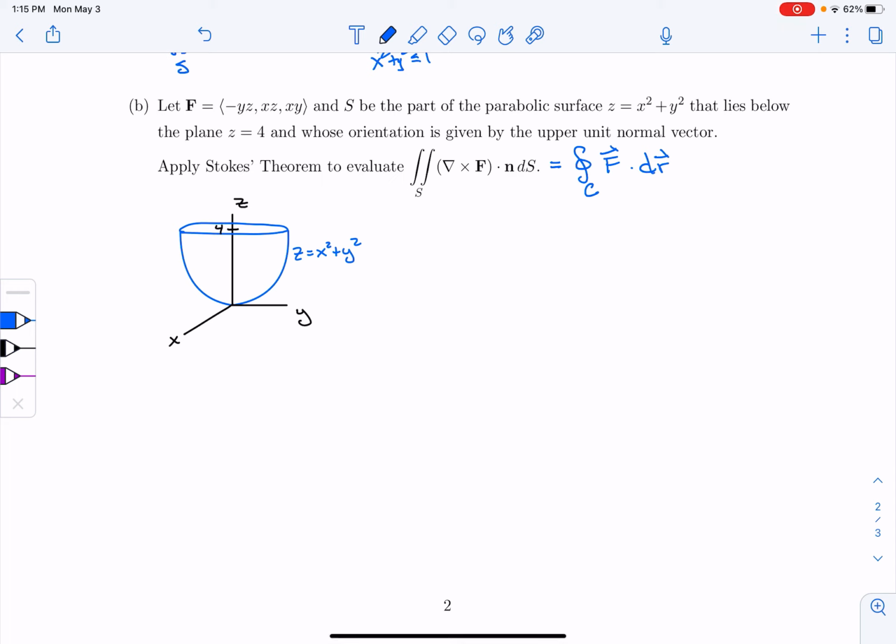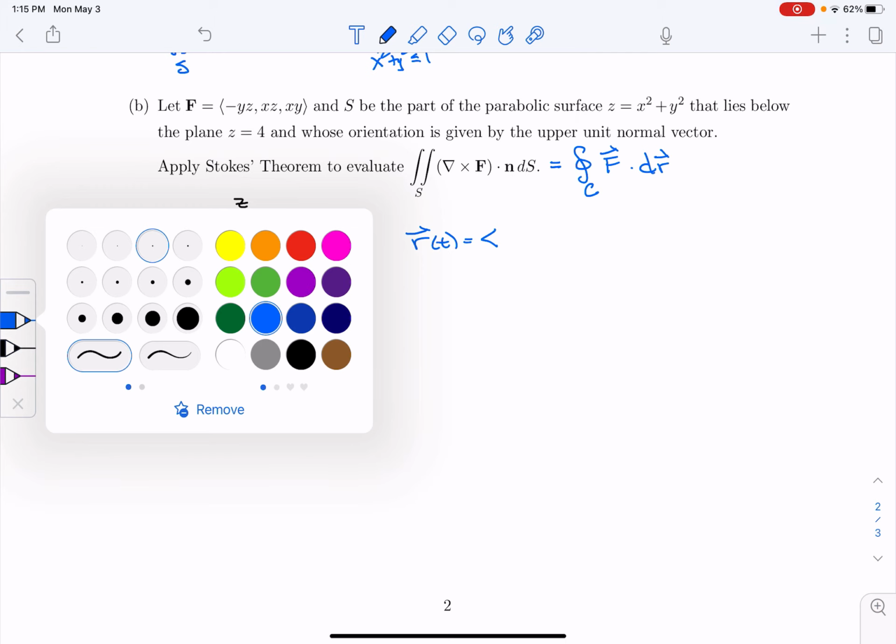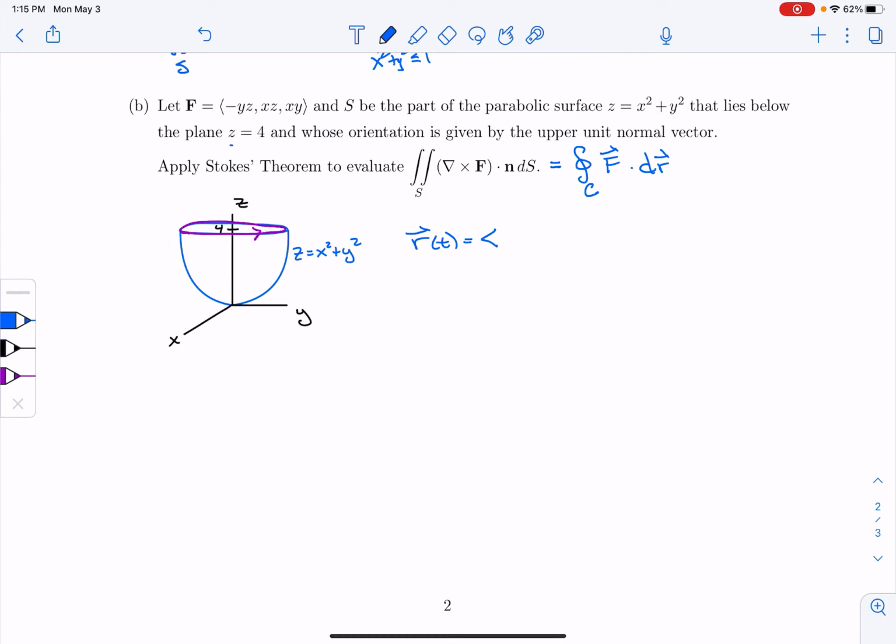So what I need to do is parameterize this boundary curve. I'm going to indicate here the boundary curve, and then I want to parameterize it by r of t. And so this is a circle. It's a circle of radius 2 because I'm looking at the intersection of z equals 4 and z equals x squared plus y squared.